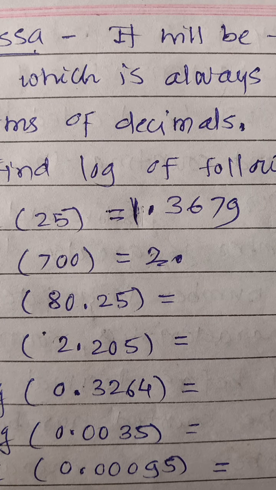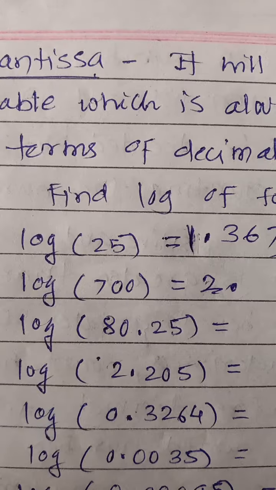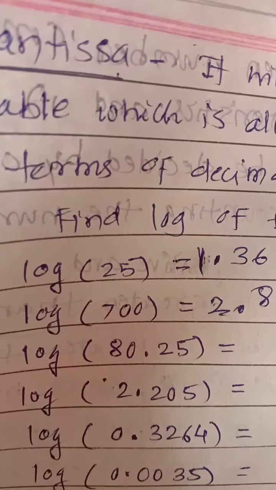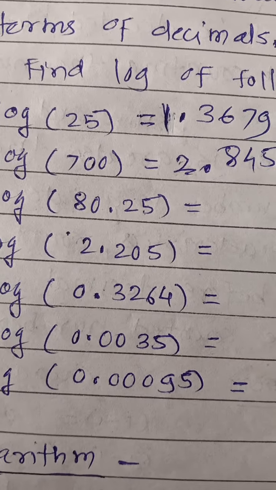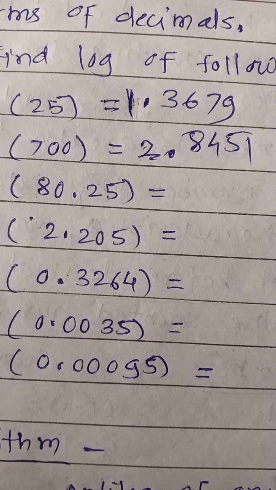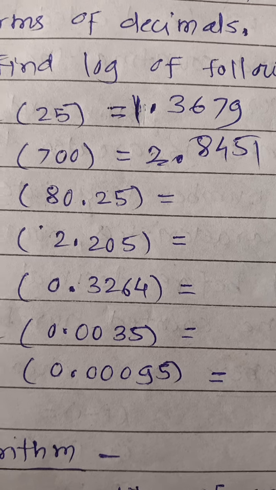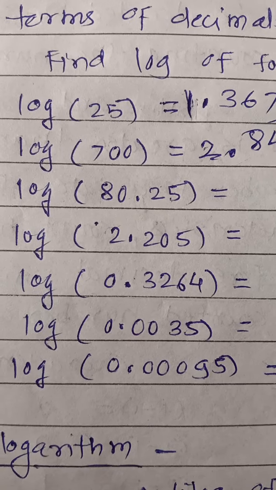So 8451 will be the mantissa, and therefore the log of this 700 will be equal to 2.8451.